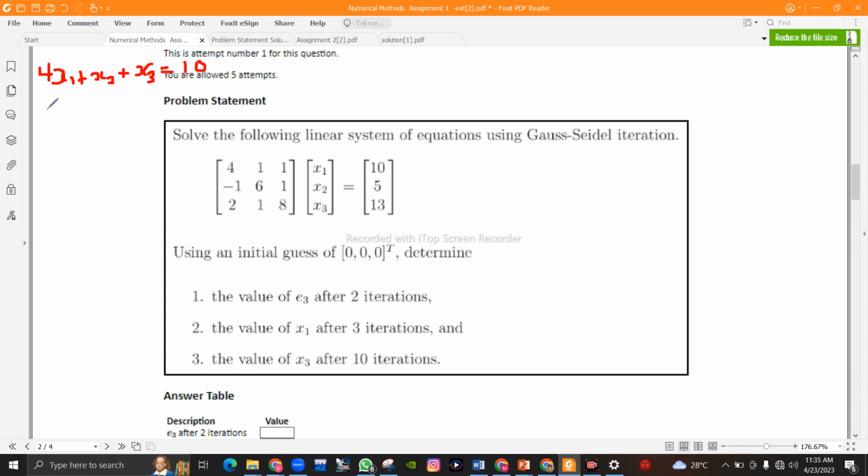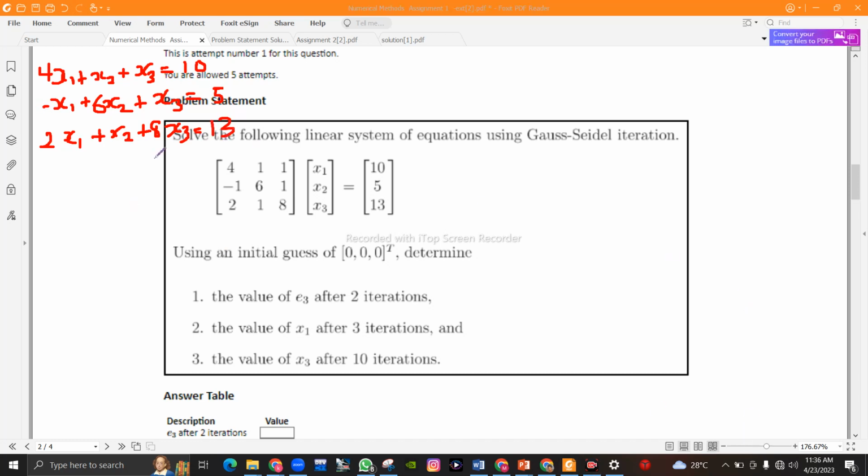Also, minus x1 plus 6x2 plus x3 equals 5. Also, 2x1 plus x2 plus 8x3 equals 13.